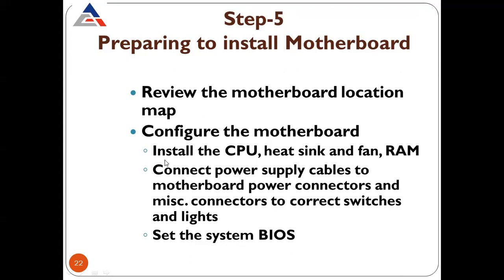First, check where to insert the motherboard. Next, configure it, meaning where to install the CPU, then the heatsink, then the fan, then the RAM. You have to set all these on the motherboard. Then connect the power supply cables to the power connectors on the motherboard. Then set the system BIOS.